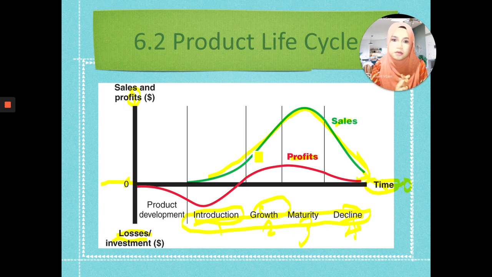This topic normally comes up in part B of the final exam, which is a long essay, so you need to draw and also describe. But you have your final assessment, so the questions will be true and false, multiple choice, and a short essay. So you need to know the characteristics of each stage, which you can tell in terms of the sales and also the profit trending.